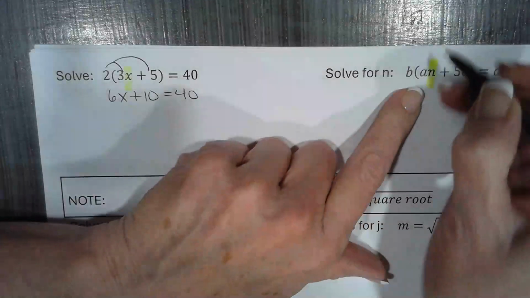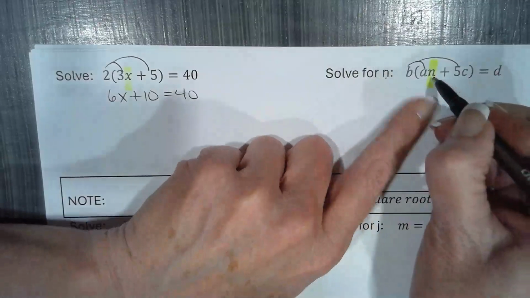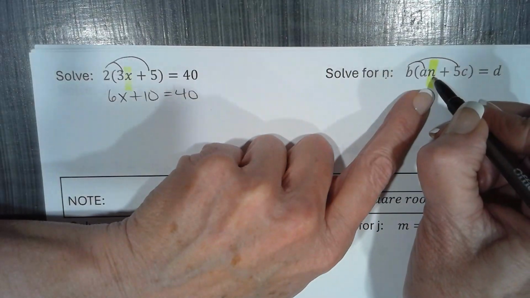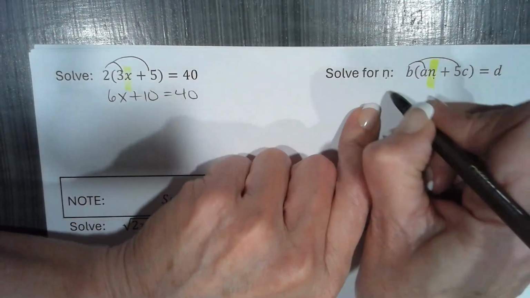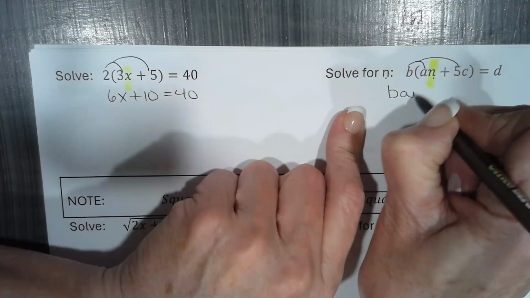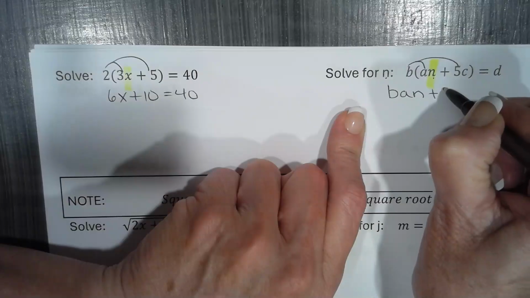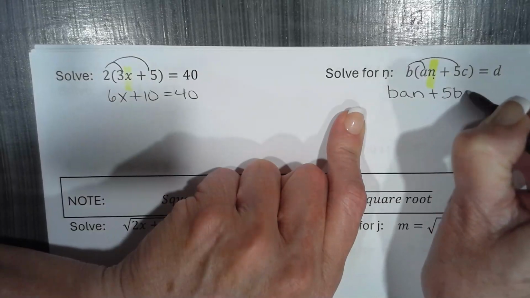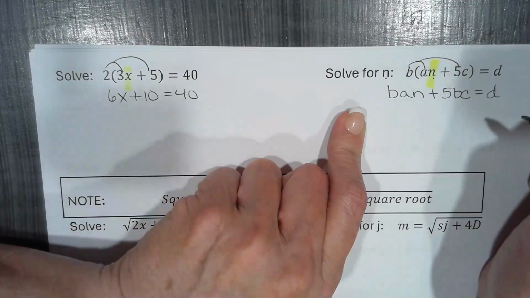Notice the variable I'm solving for is locked up inside this parenthesis. So when I distribute here, it's b times a times n, b, a, n. Then b times 5c is going to be a positive 5bc because I'm multiplying.